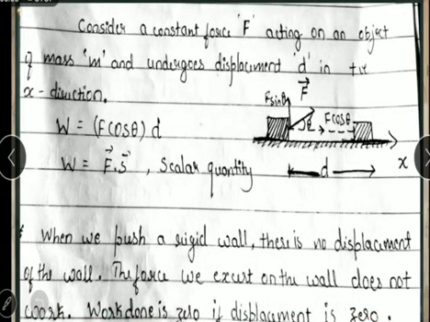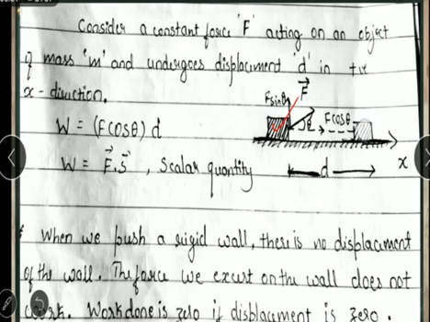Consider a constant force F acting on an object of mass m, which undergoes displacement d in the positive x direction. Okay. Here in the diagram you can see one object. Okay.